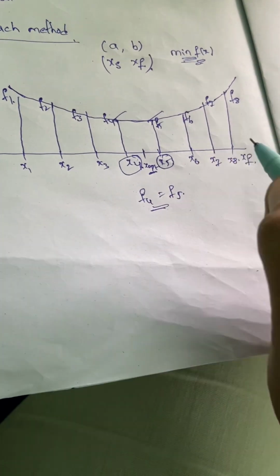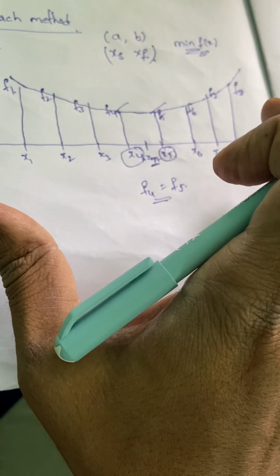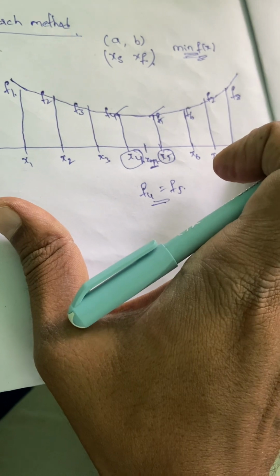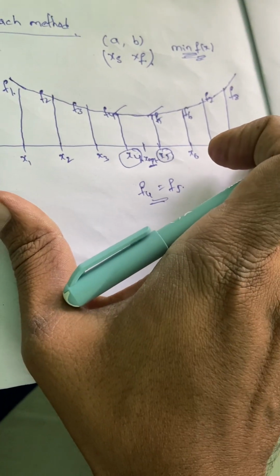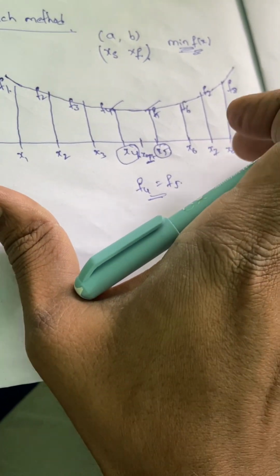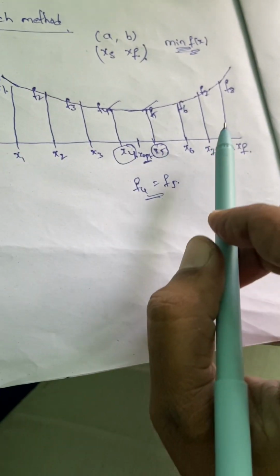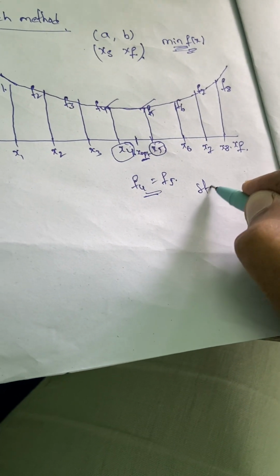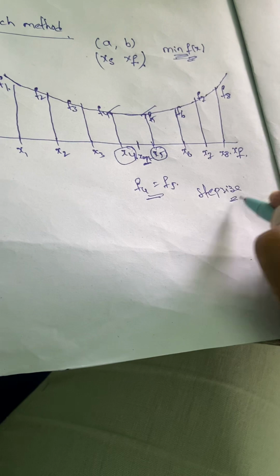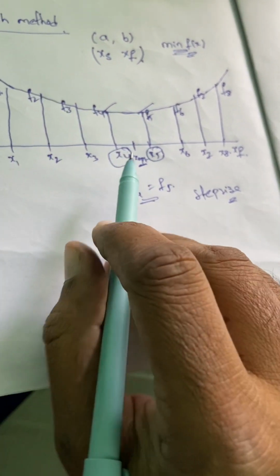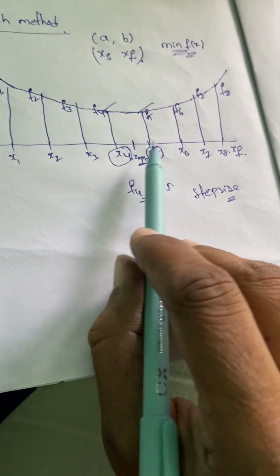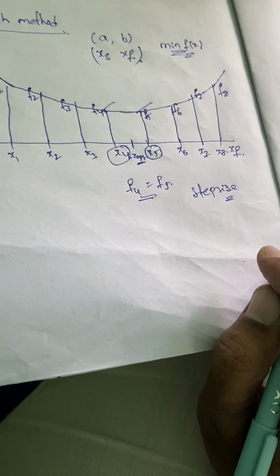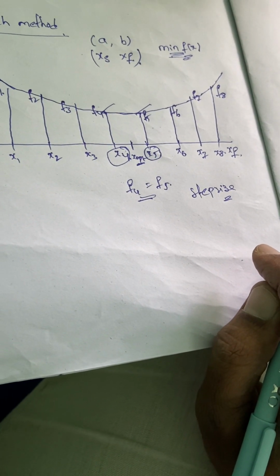So in the exhaustive method, we are going to evaluate some n number of experiments. For example, in this problem, I took 8 experiments. After evaluating the n experiments by taking some step size, we are going to find two experiments that have the same functional values.